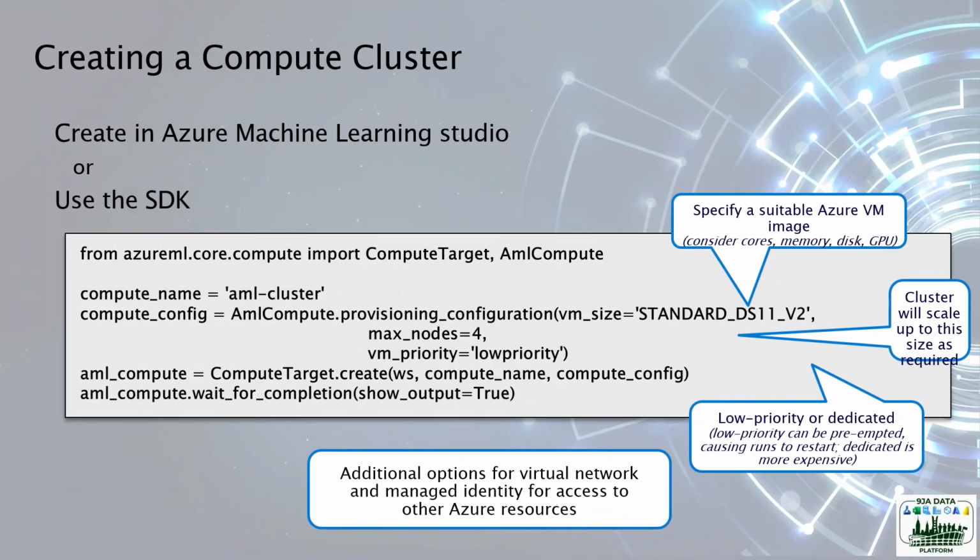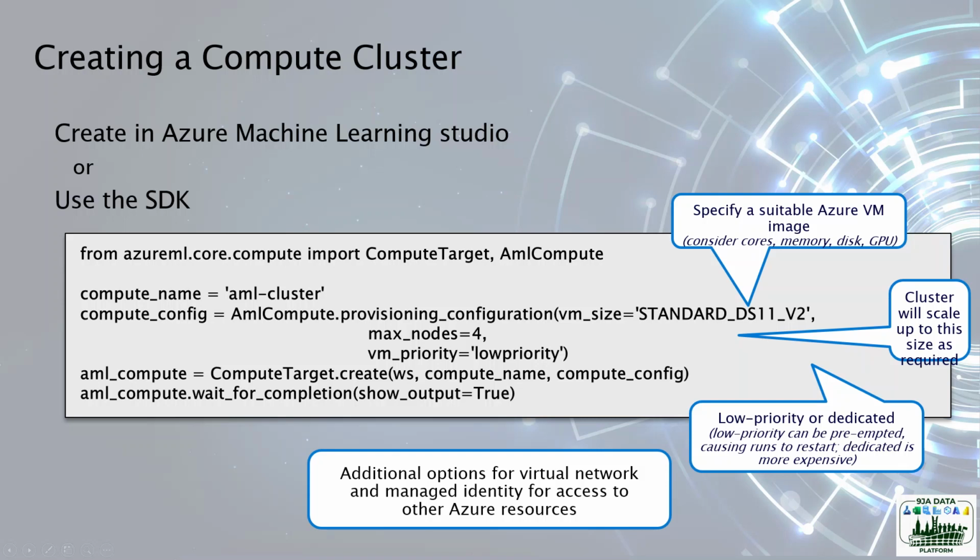So how do I essentially create a compute cluster? Right, we'll be doing two demos of this. We'll demo it using the script, and we'll also demo it using the studio itself. So what we are seeing in this script is we are importing the compute target and the AML compute.